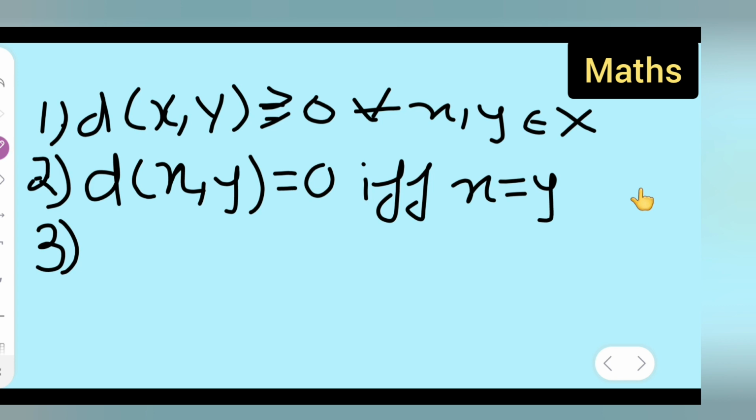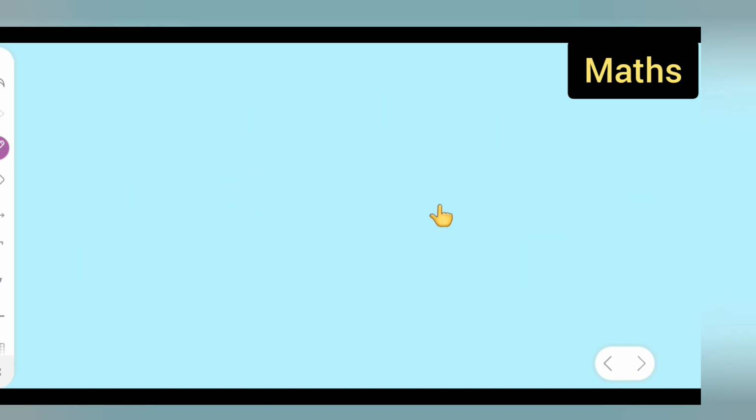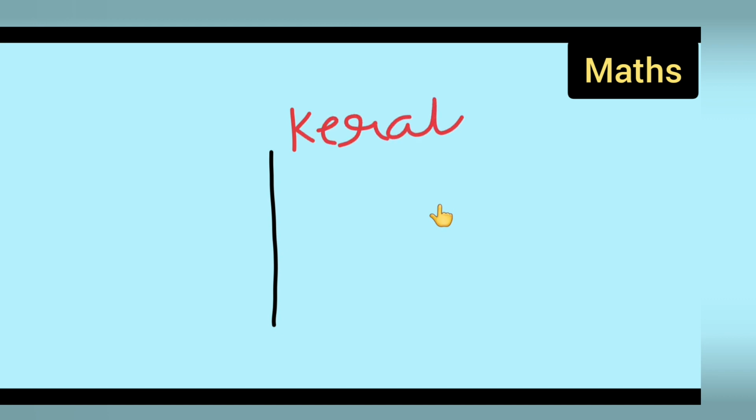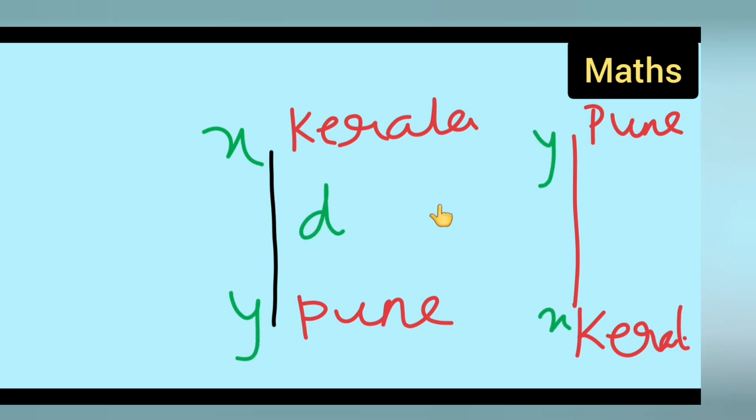Let us see the third property, what it says. The third property says that the distance d of x comma y is equal to d of y comma x for all x comma y belonging to X. It means that suppose you want to go to Kerala, the distance from Kerala to Pune will be the same as the distance from Pune to Kerala.